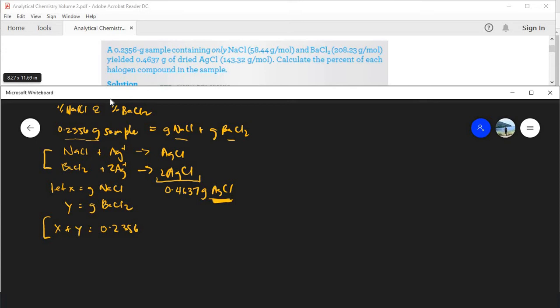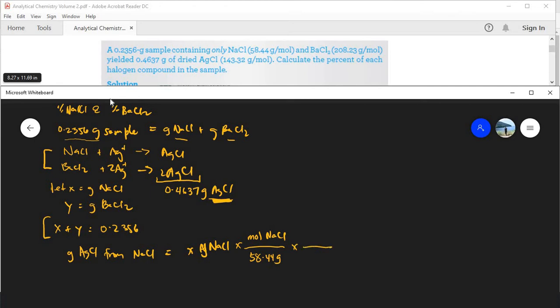If you want to find the mass of silver chloride from NaCl, this should be equal to X grams NaCl times the molar mass, 58.44 grams per mole of NaCl.